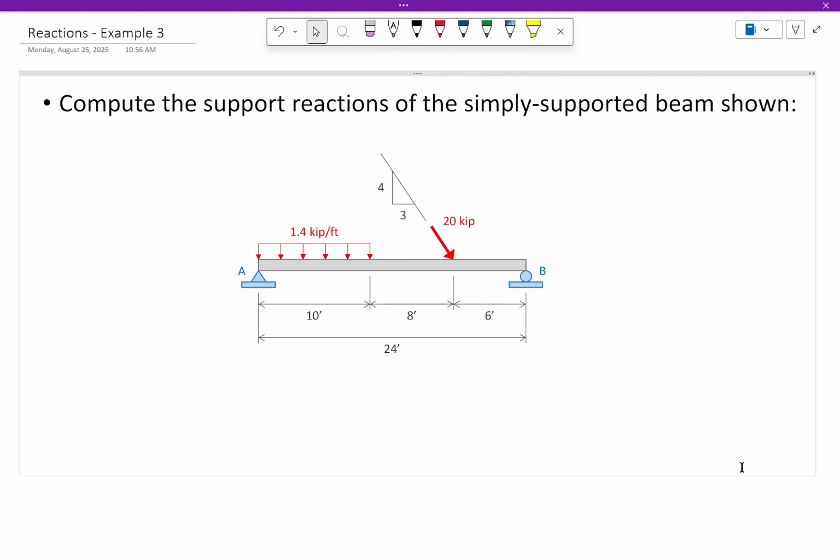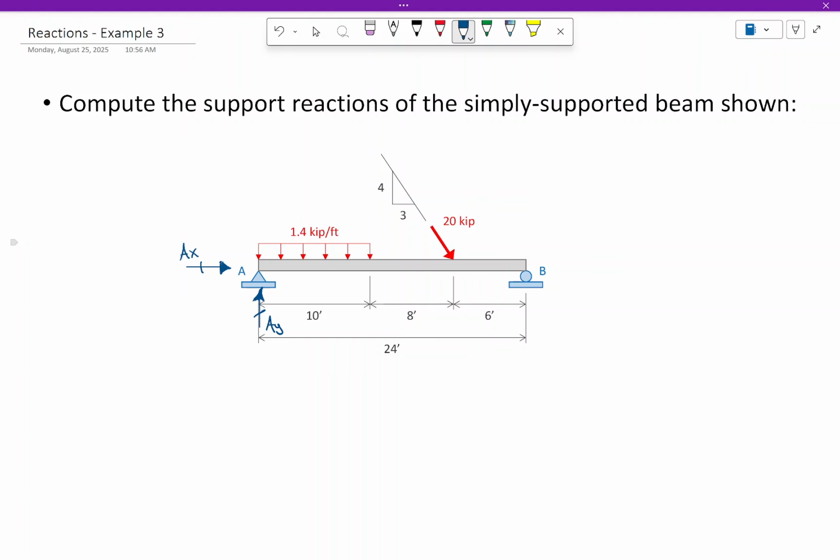So let's start off with our unknowns. How many unknowns do we have at A? 2. Okay. Now, what I'm going to do is draw the vertical one like that, and draw this one like that.